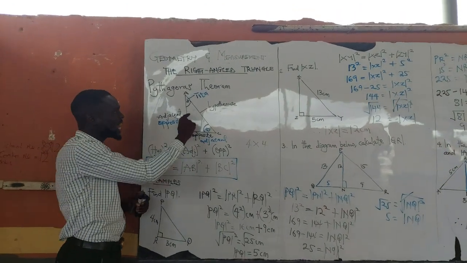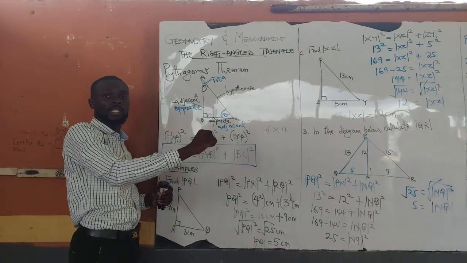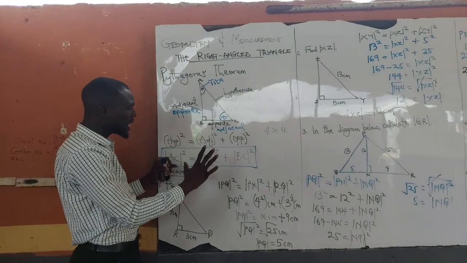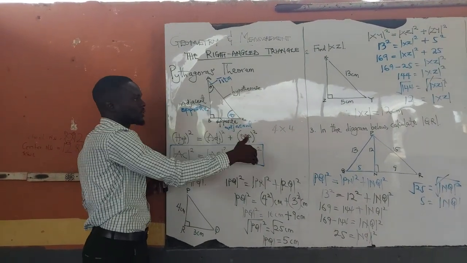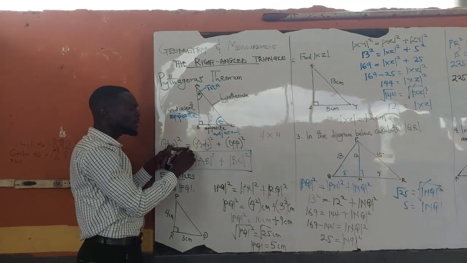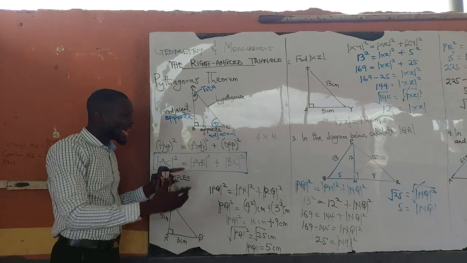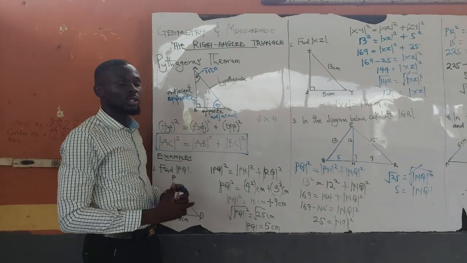But only when we are looking at the angle do we take into consideration the opposite and the adjacent. But for now, let's know that the Pythagoras theorem is saying that the hypotenuse, the longest side, if you square it, is the same as the other two sides being squared. And with that, we've been able to solve for this too.